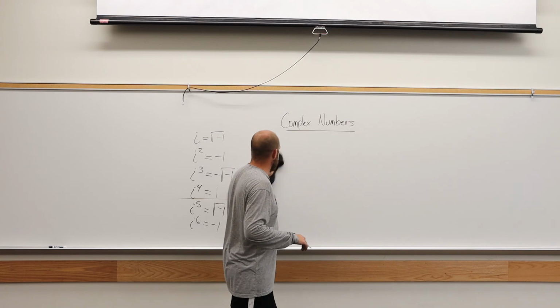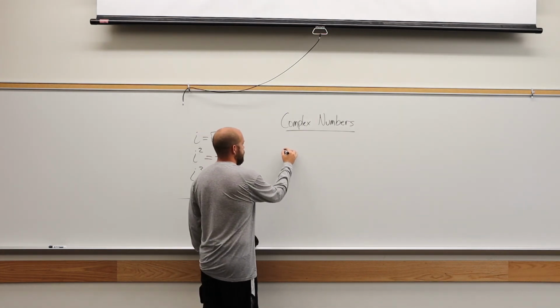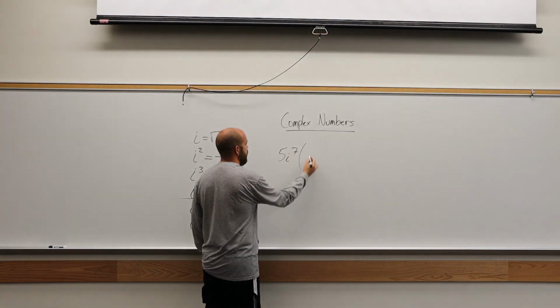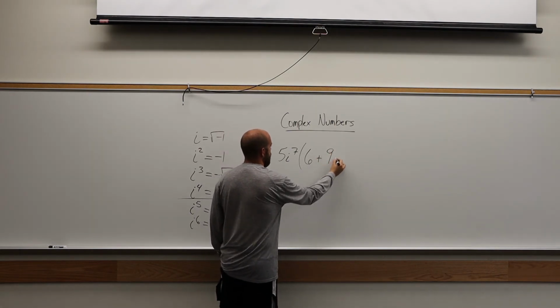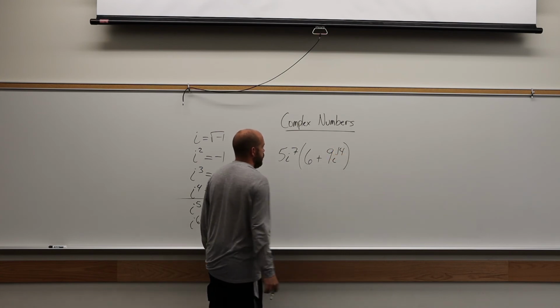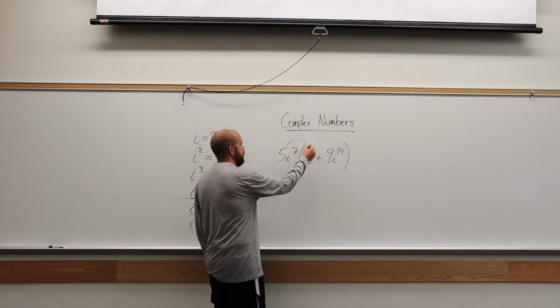Just for fun, one last little quick example. Let's say I have 5i to the 7th power multiplied by 6 plus 9i to the 14th. Okay, I can start from here. Let's just say we had to multiply it straight in.